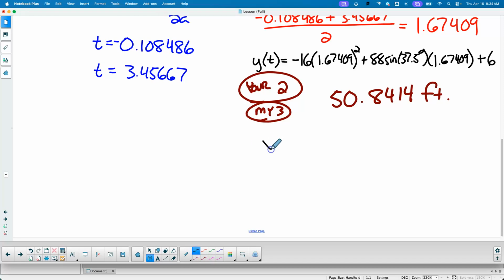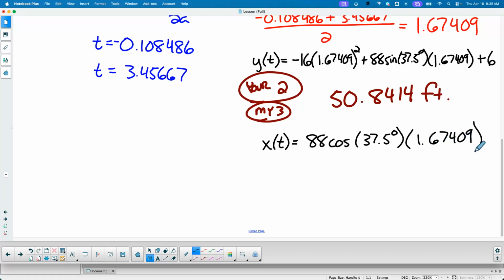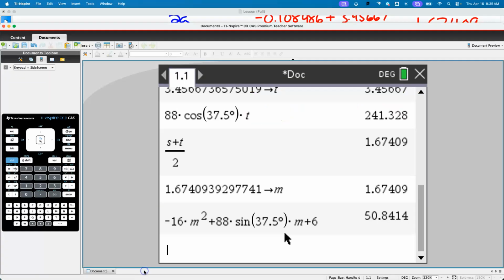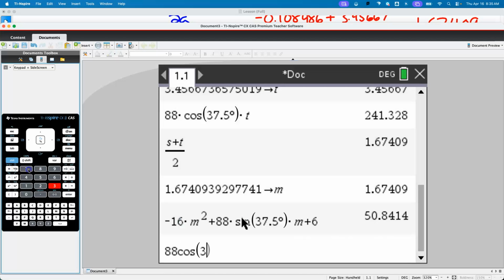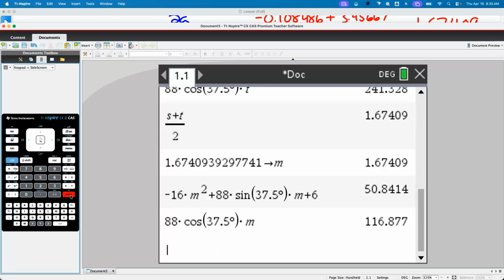So that then is going to be an x of t. I get it's 116.877 feet away.